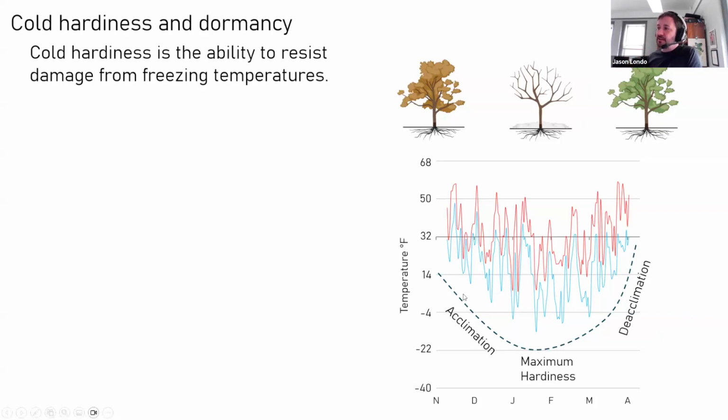It starts at the beginning of winter with a phase where they gain more and more defenses. This is the acclimation phase. In the middle of winter, they have maximum hardiness, and it's a maintenance phase. Then as temperatures rise in late winter and early spring, the trees will rapidly lose that defense as they get ready to grow and break bud.